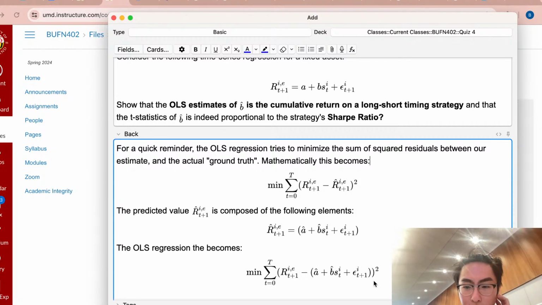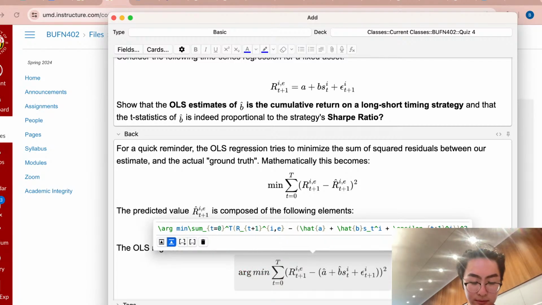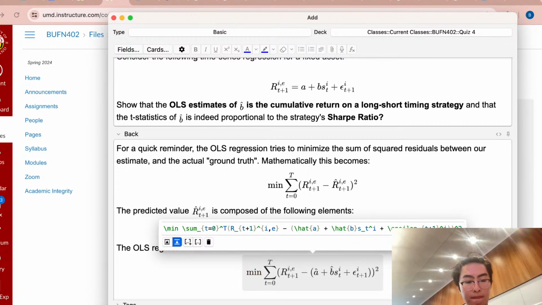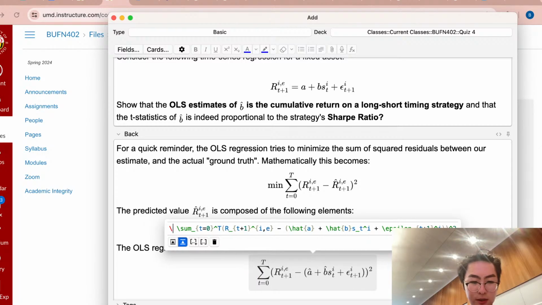Just minimize the sum of squared residuals between our estimates. Okay, I'm not entirely sure if this is the right way to represent this because I feel like maybe we want to do an argmin. Slash argmin.